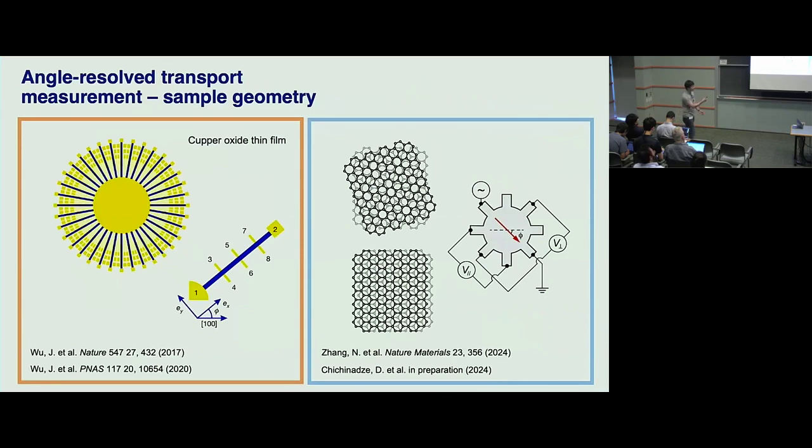This is a schematic of flowing current in one direction and measuring the longitudinal and transverse response associated with that current direction. And because the sample geometry respects rotational symmetry, you can flow current in different directions and do the same measurement. That gives you angle-dependent response.